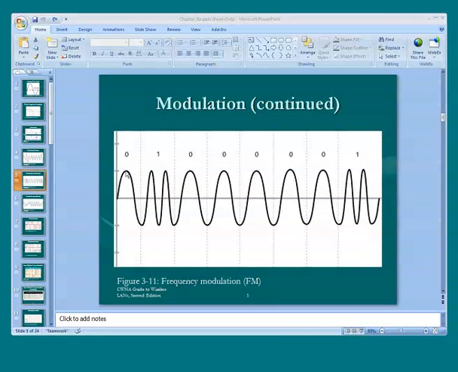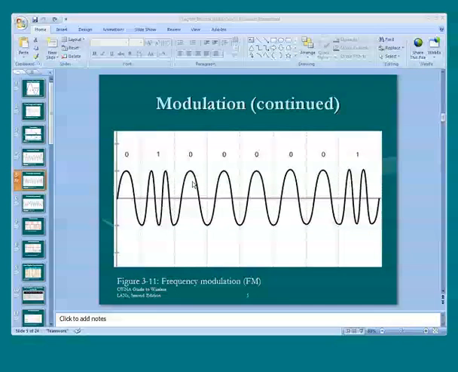So we have a relatively slow cycle, a longer waveform in this particular time frame. So therefore, the receiving device will interpret that particular signal as a 0. We shorten the waveform or increase the cycle. The receiving device will interpret the signal as a 1.